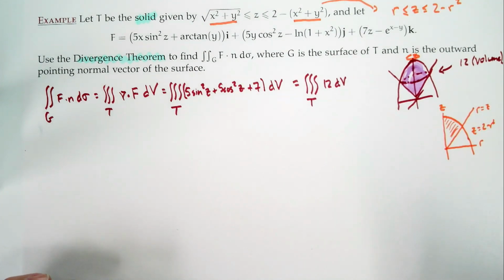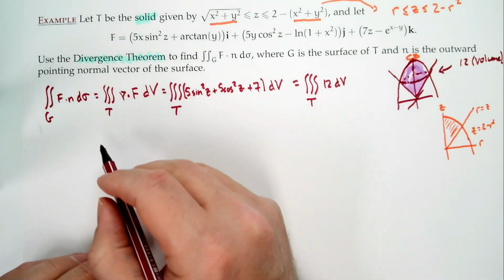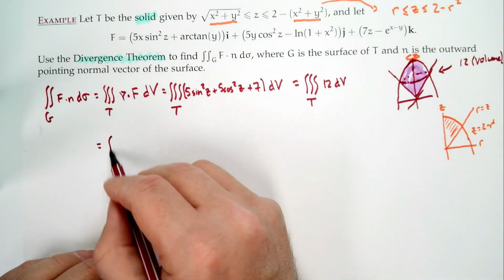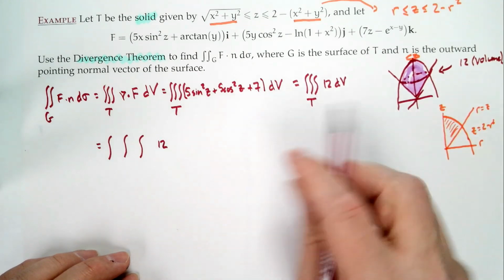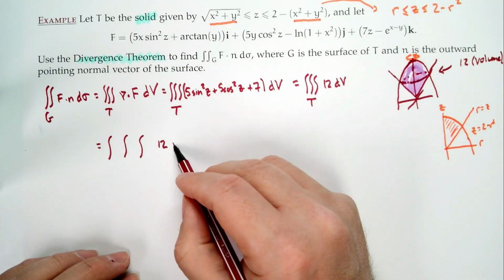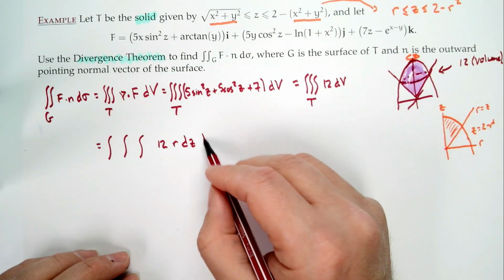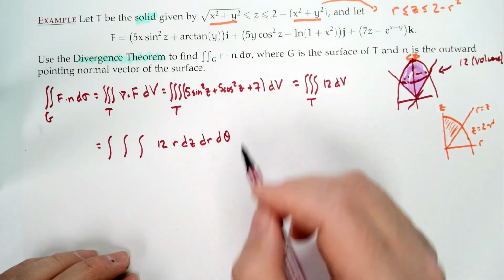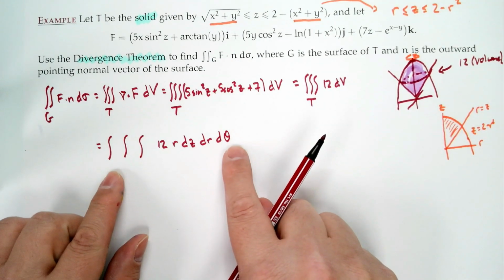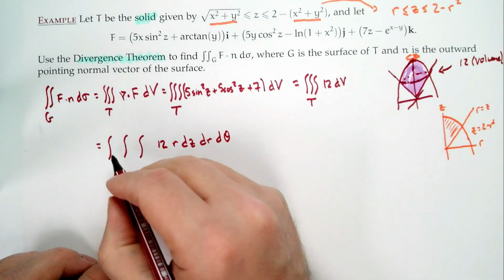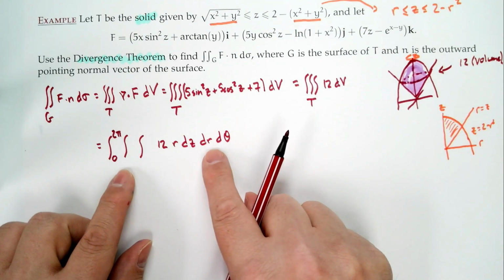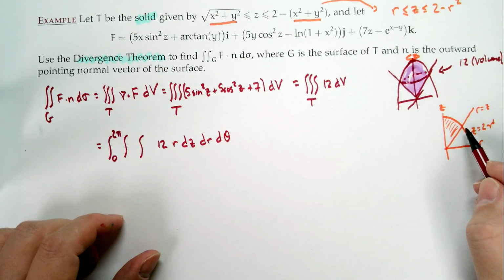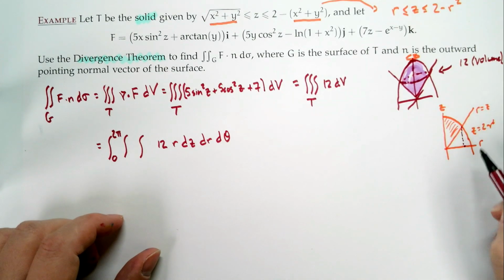All right, so we're going with cylindrical coordinates. So let's set up our integral. Integral, 12. Then dV becomes r dz dr dθ. Now θ, because we have symmetry all the way around, goes from 0 up to 2π. For dr, what we have to do is figure out where this intersection is.